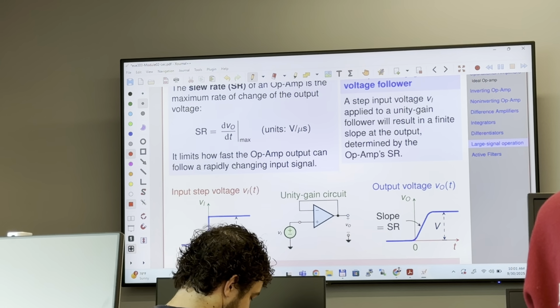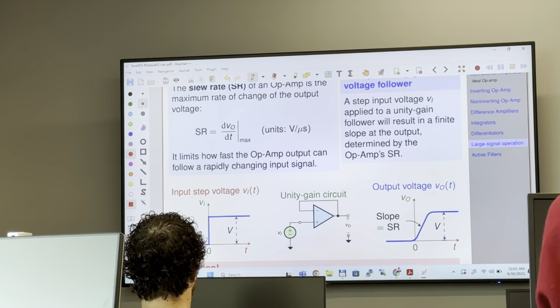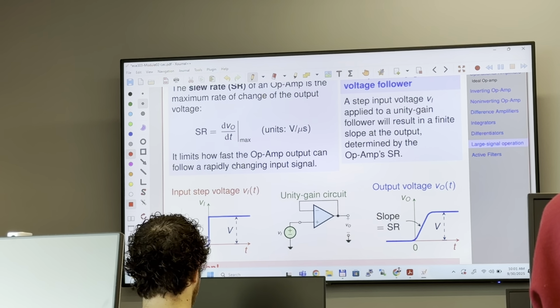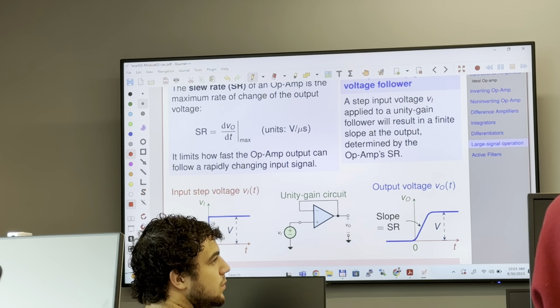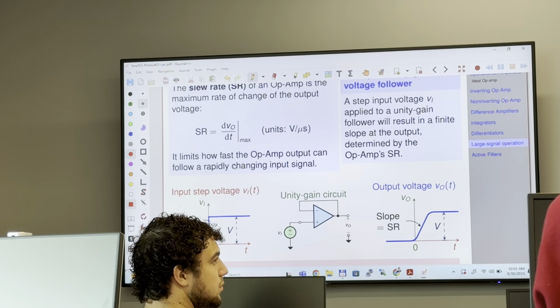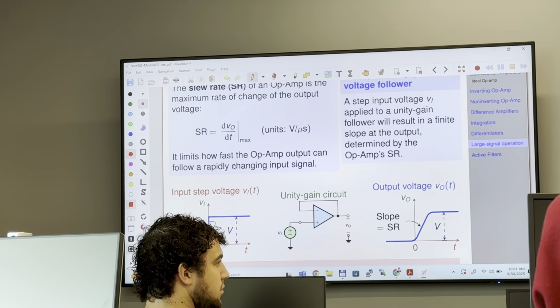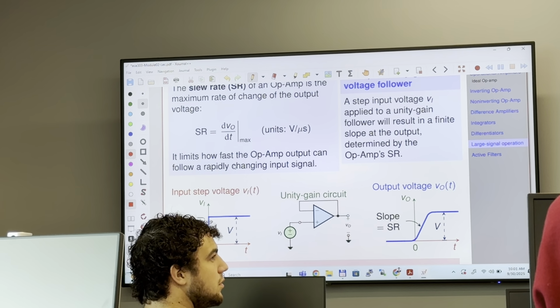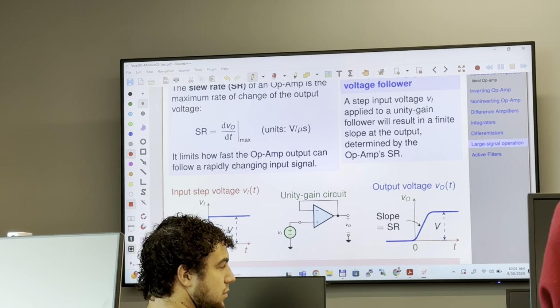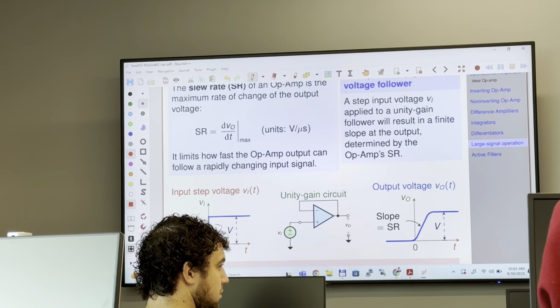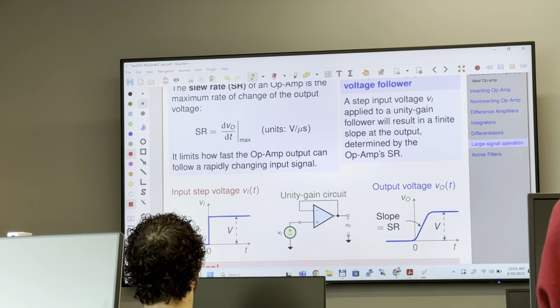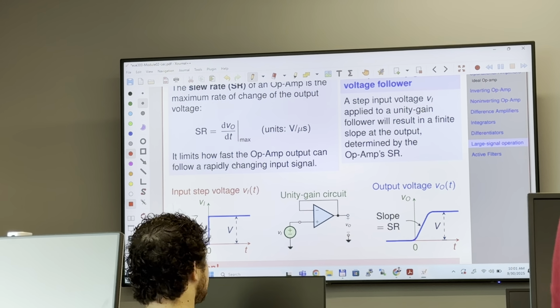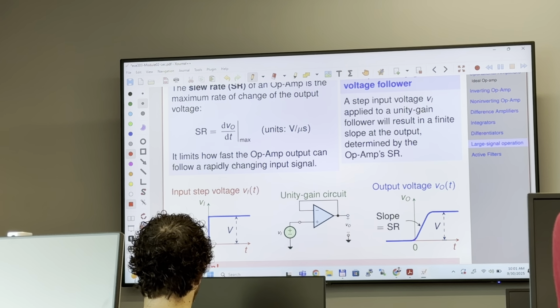Once you apply input to the op-amp, the output doesn't drastically follow the mathematical expression. The output will take some time. So you have this input here, and this is unity gain.